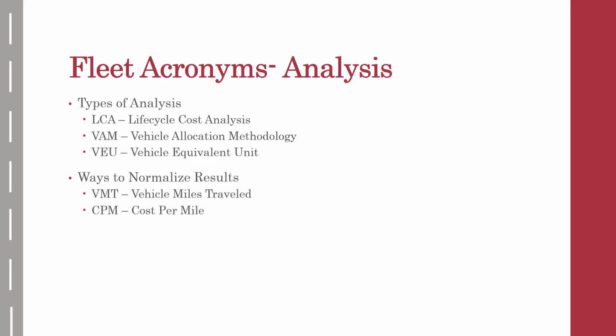So types of analysis that are done on fleets are LCA, which is a life cycle cost analysis, where the capital costs of the vehicle are weighed against the operational costs of the vehicle to determine what the appropriate term of ownership of those vehicles or replacement cycle is. So that drives your overall replacement spending depending upon how long your vehicles are being kept in service before they're being replaced.